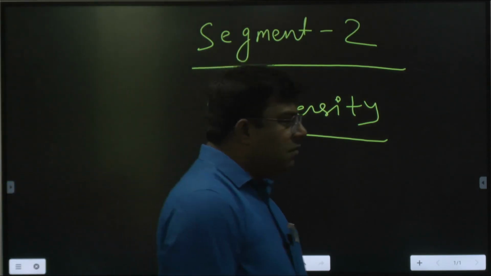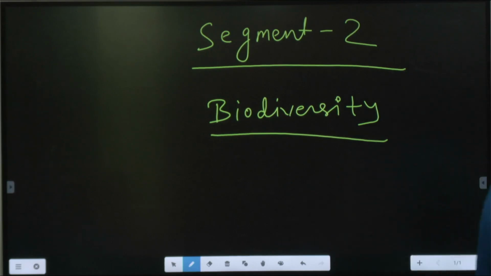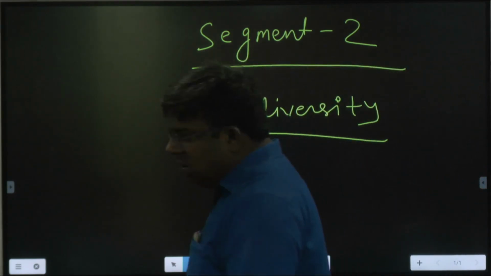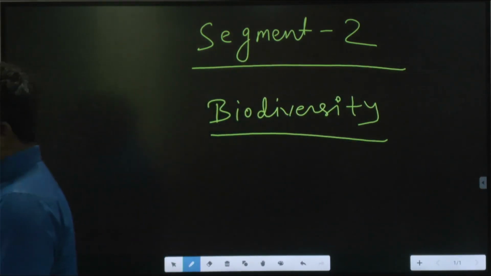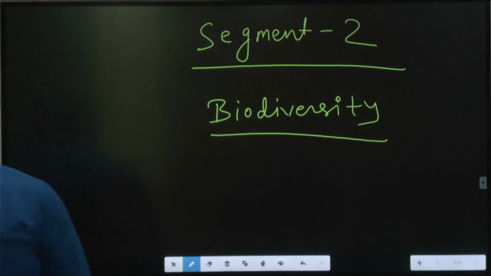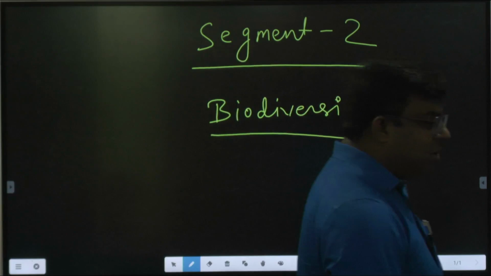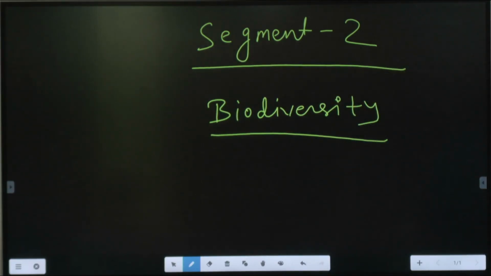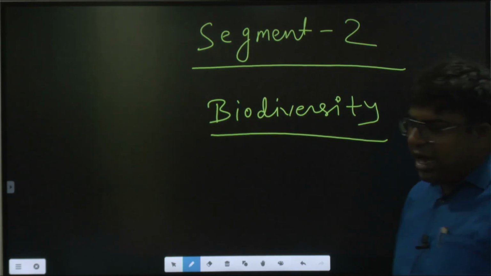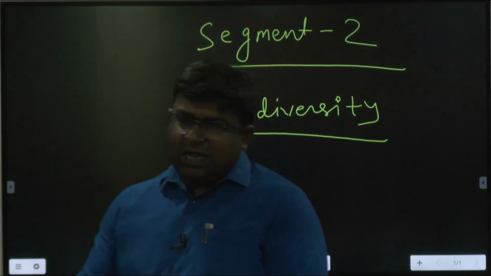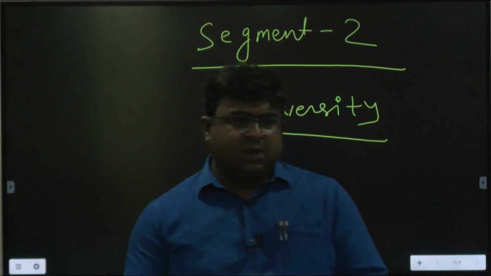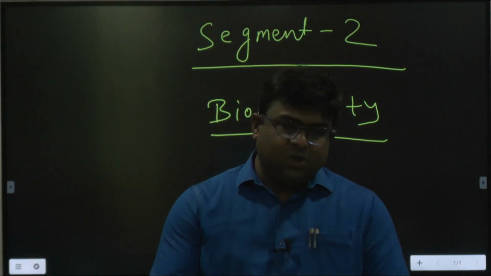So you need to develop this maturity that only reading a book, any book, will not be very helpful for you as far as this segment is concerned. You need to supplement it and take assistance from various dynamic information, and that's why a dynamic approach of analysis is very, very essential for this segment.